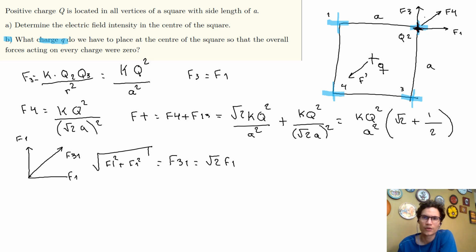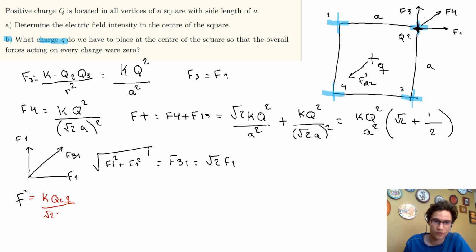So F prime will be, again, the Coulomb's law, K times the big Q times the smaller q that we are looking for, and the distance will be half of the diagonal. So the diagonal is square root of 2 A, and half of the diagonal, and this is all squared.